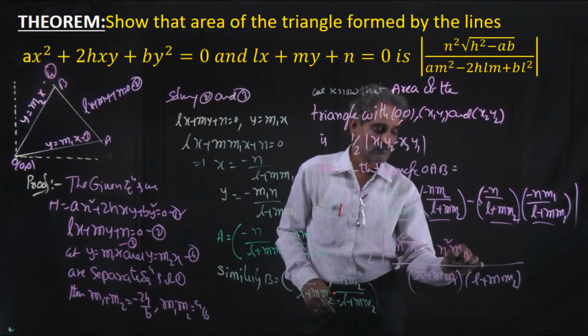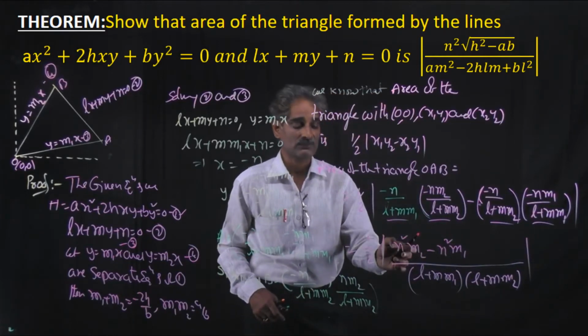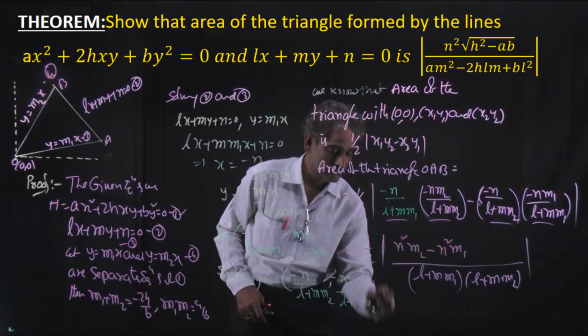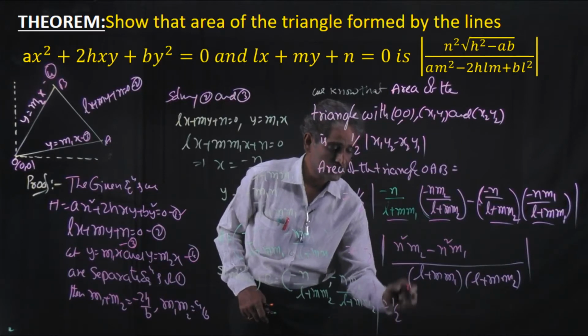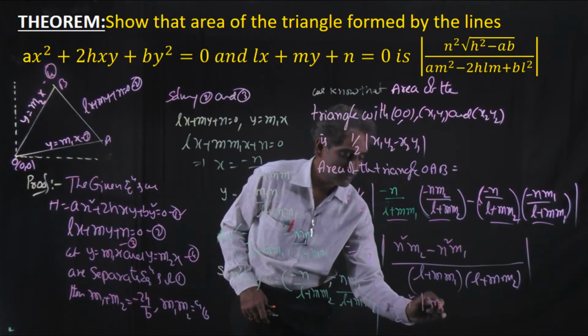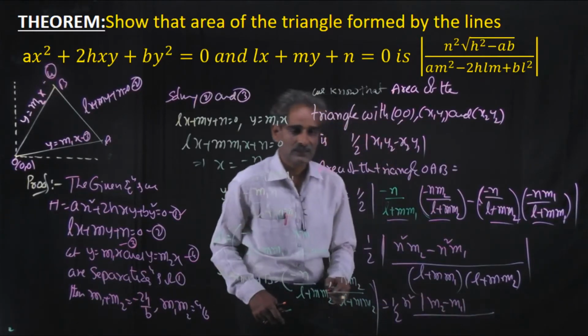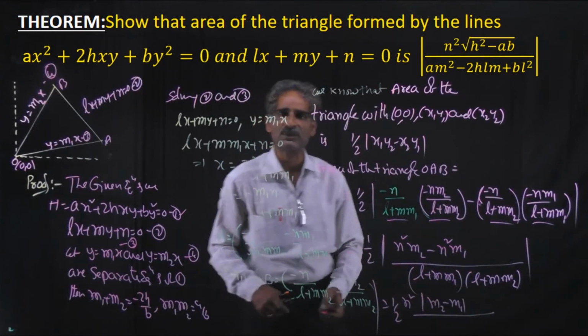So here we can take n square common. So we will get 1 by 2 into n square of m2 minus m1 by, just find out the multiplication of the denominator.